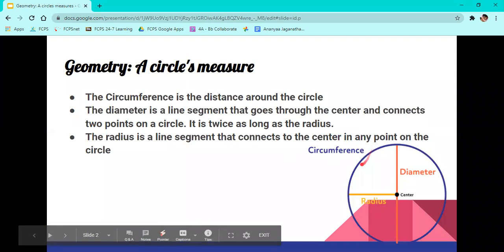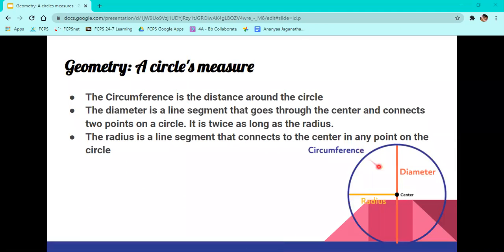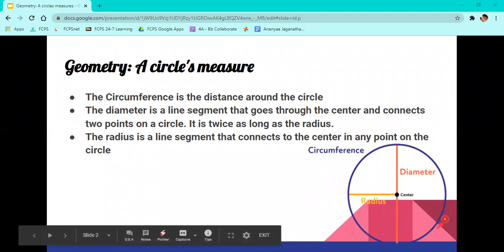So over here we can see that this is a circle. This is the circumference, and this is the radius.